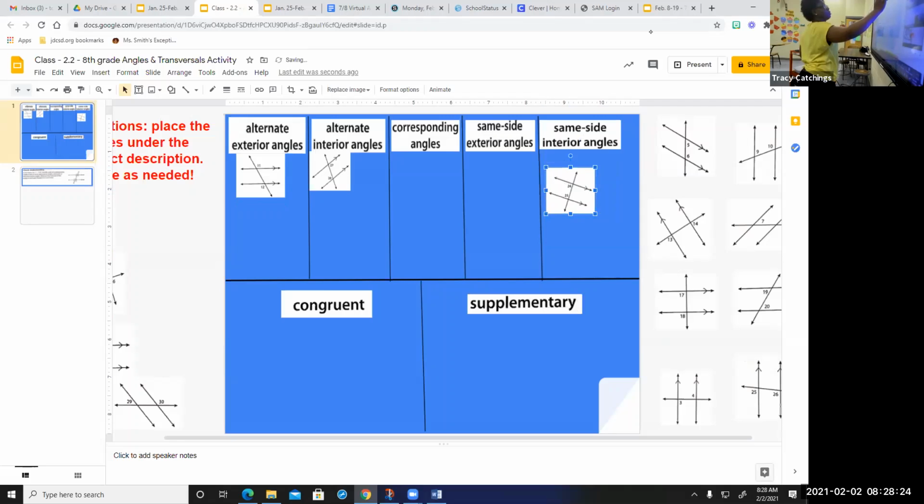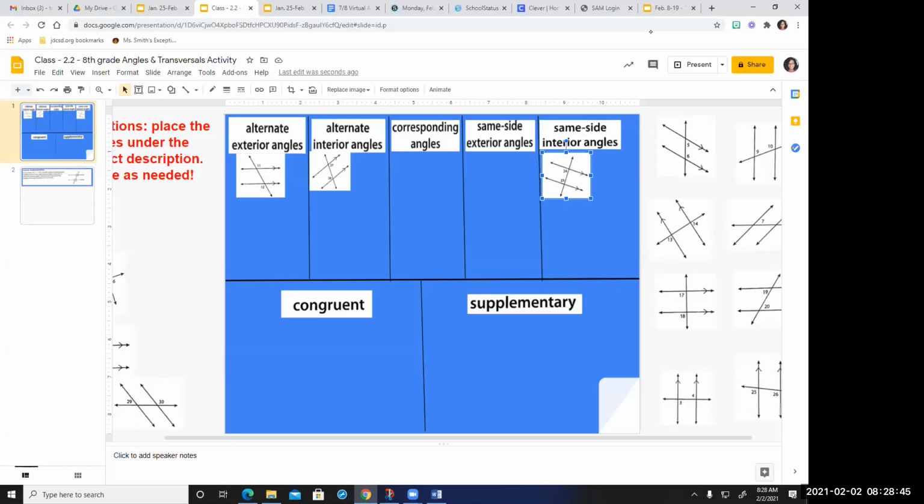We also could have put 24 and 23 somewhere else. Anybody? What do we know about same side interior? Supplementary. I cut somebody off. I said corresponding angles.